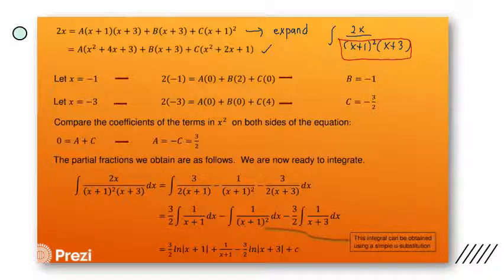When x plus 1 equals 0, therefore x equals negative 1, and when x plus 3 equals 0, then x equals negative 3.